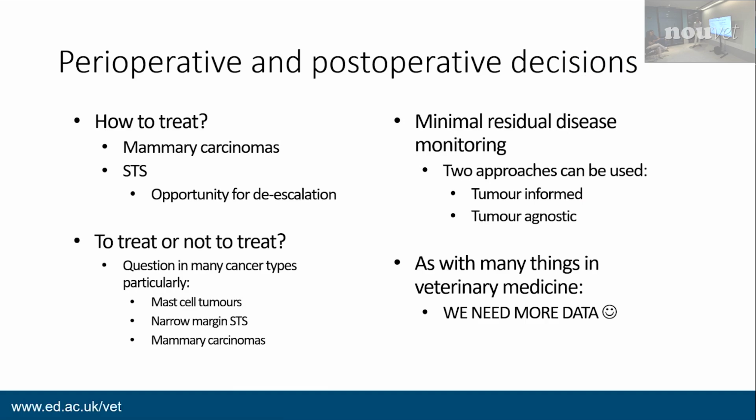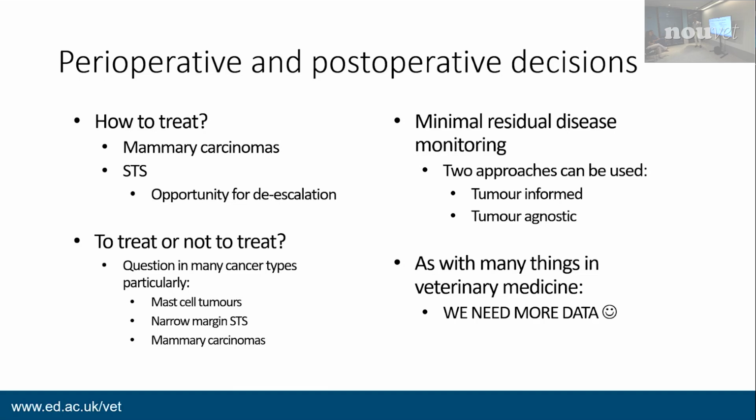And then we can use it to guide our perioperative and postoperative decisions. So the first question is how to treat, right? And the problem of mammary carcinomas and soft tissue sarcomas which are incompletely resected is that it's always difficult to decide: should we follow up with treatment, or should we leave it aside and see what happens?